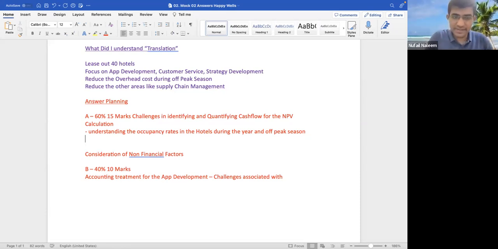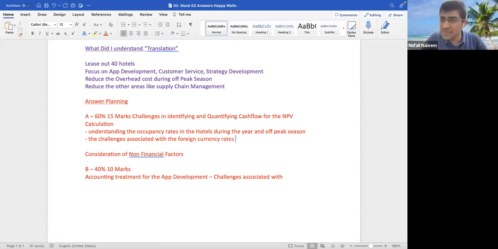Now, the second one, students, if I am not mistaken, is the challenges associated with the foreign currency. Challenges associated with what, students? Foreign currency rates.